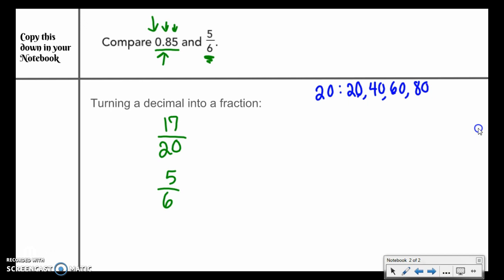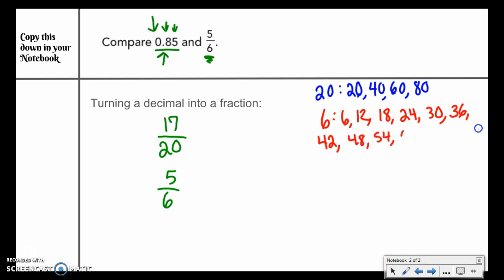And then multiples of 6 are 6, 12, 18, 24, 30, 36, 42, 48, 54, and 60. Okay, so I just found 60.